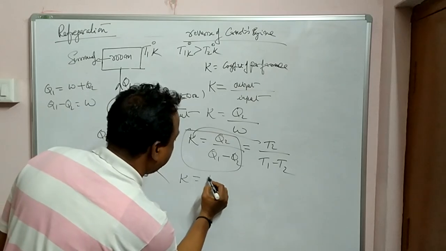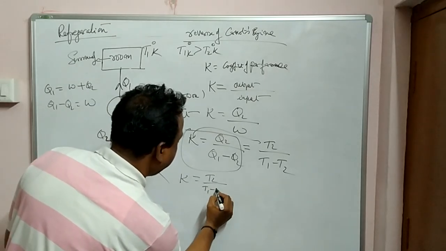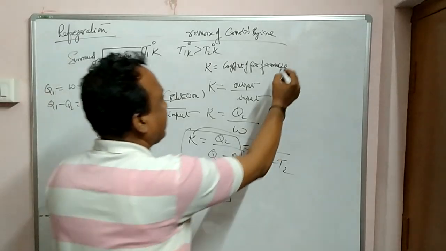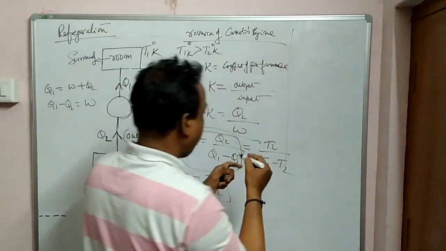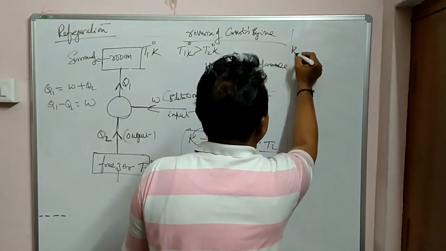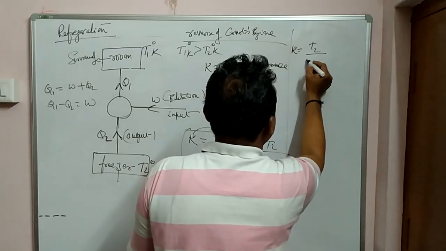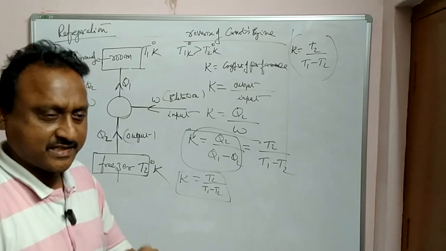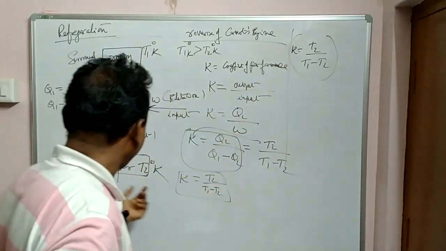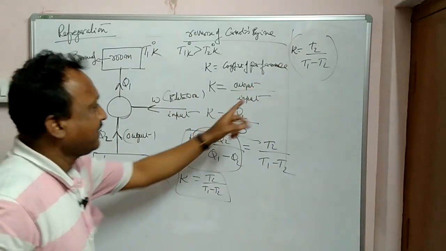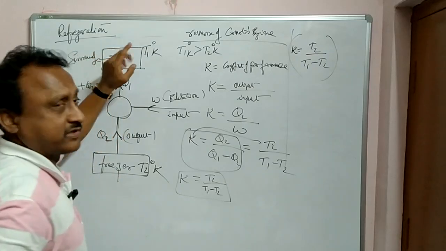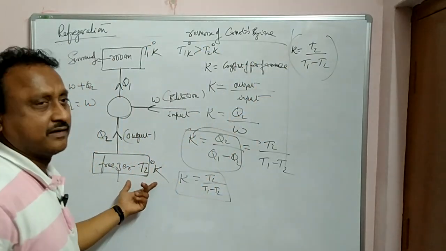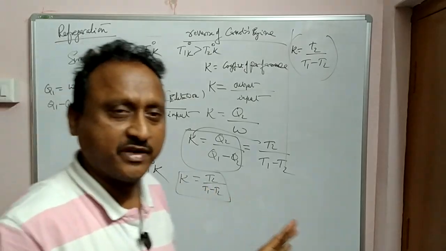K is equal to T2 by T1 minus T2, I'll write it here if you are unable to see. Coefficient of performance is the temperature at the freezer by the temperature of the source, here the room or surroundings, minus the freezer temperature. And all are kept in Kelvin, absolute temperature.